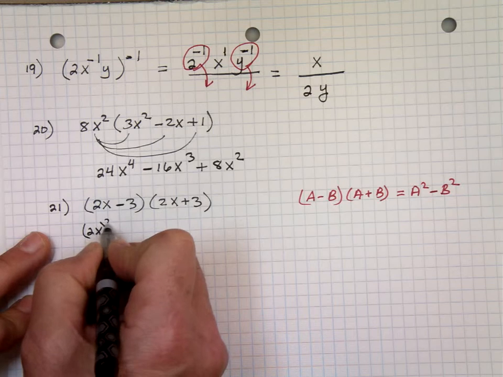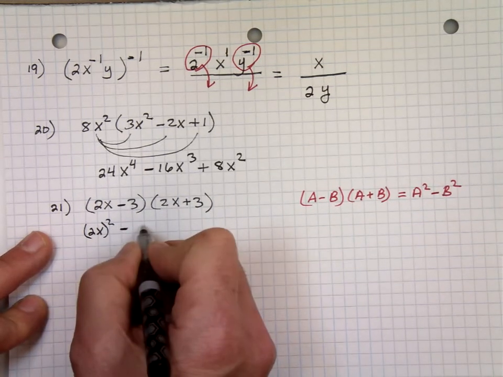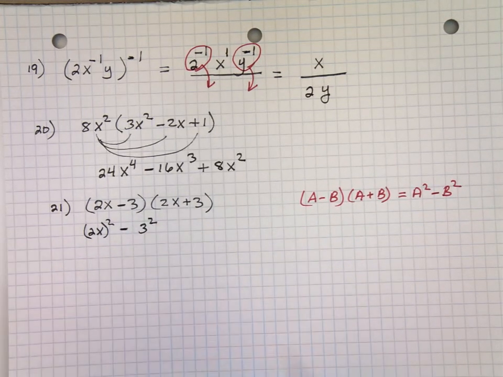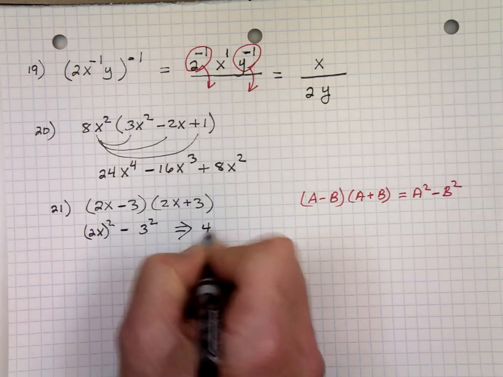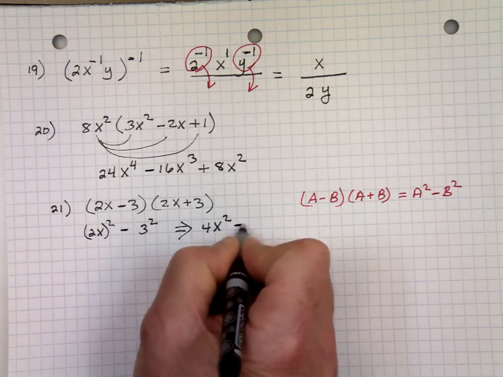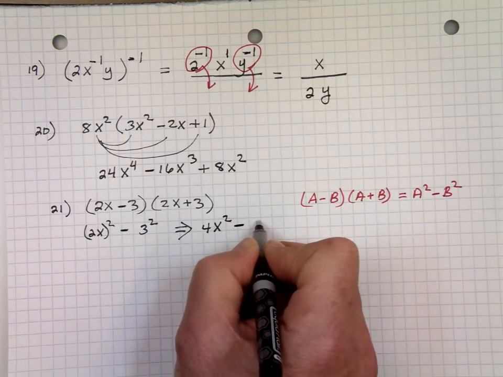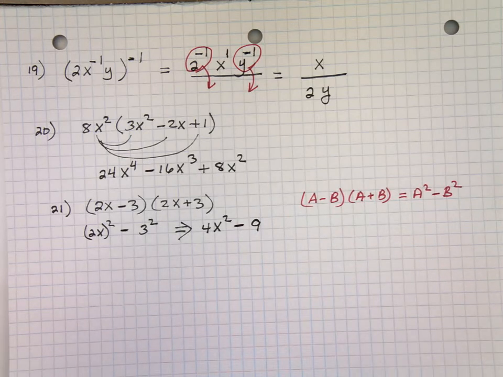Take the second one, which is 3, and square it. 2x squared is 4x squared. What's 3 squared? 9. I can squeeze maybe 2 more problems.